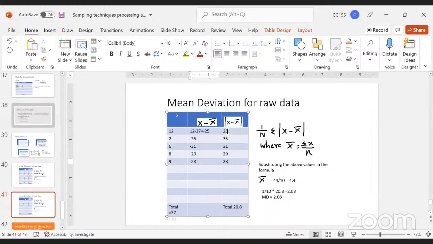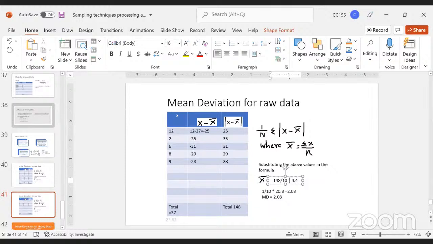Now sum total: 25 plus 35 plus 31 plus 29 plus 28. Is it 148? Can someone confirm? Please check, 148 or 147. 148. Great. So 148 by 10.